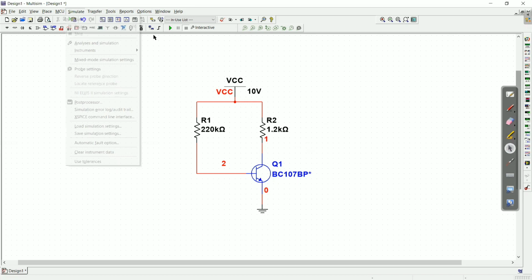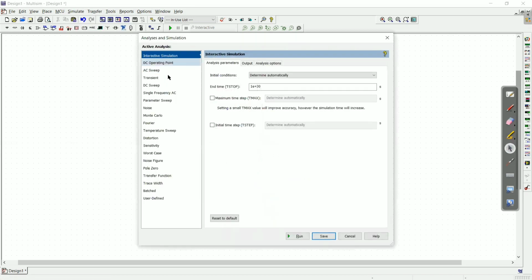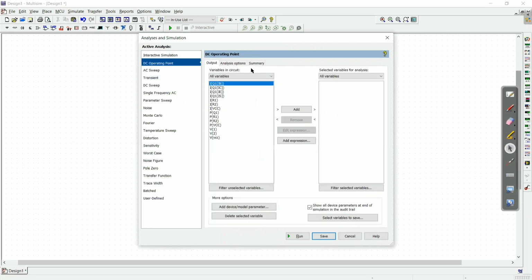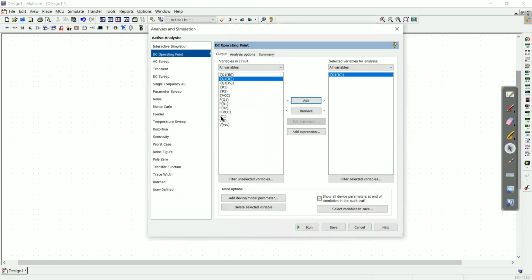Go for simulate, analysis and simulation. Here we are going to see the DC operating point. Click on it, and in output we add I of Q1 of IC, and as I said, finding V1 is enough to find VCE.